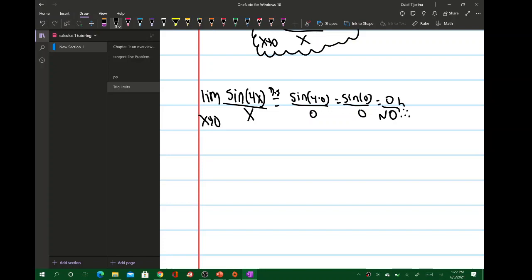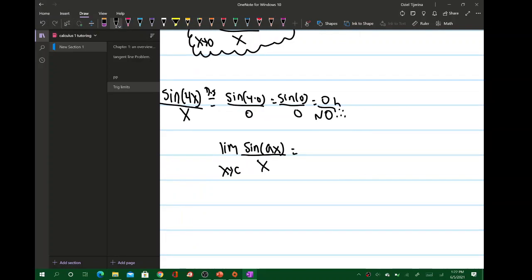If we have a limit as x approaches a value c of sine of a number a times x over x, then we can say that this is equal to a times the limit as x approaches 0 of sine of x over x.